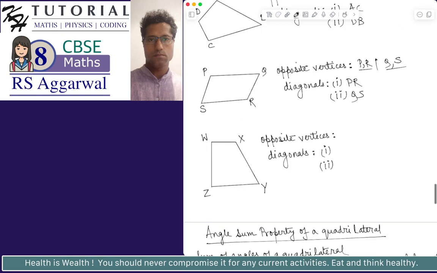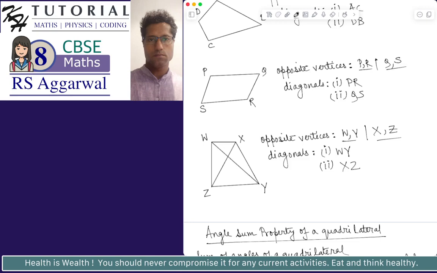For the third quadrilateral, the opposite vertices are W, Y and X, Z. So the opposite vertices W and Y will make one diagonal, that is WY, and the other pair of opposite vertices X and Z will make the other diagonal, that is XZ. So we have XZ, this is WY.